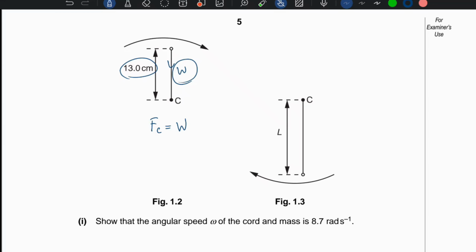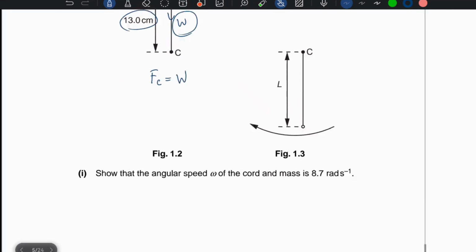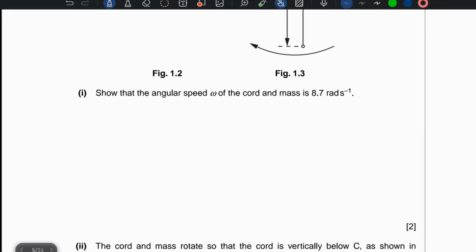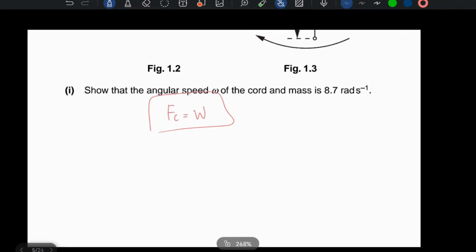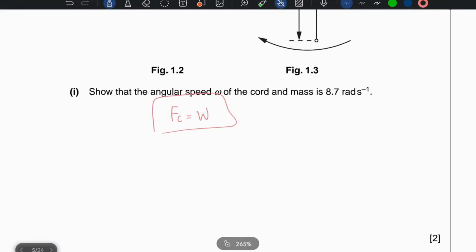Okay, so with that information, we can actually solve Roman 1. So centripetal force is equal to weight. Also, another thing to mention, when you write this in exam, it's better to write in the full form. That means you write it as centripetal force equals weight.